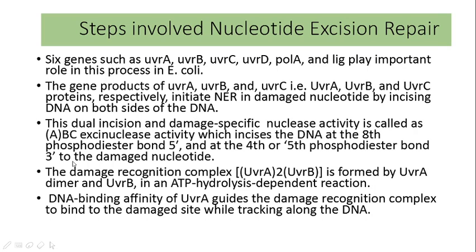This dual incision and damage specific nuclease activity is called UvrABC exonuclease activity, which incises the DNA at the 8th phosphodiester bond nearer to the 5 prime end, and at the 4th or 5th phosphodiester bond nearer to the 3 prime end of the damaged nucleotide.